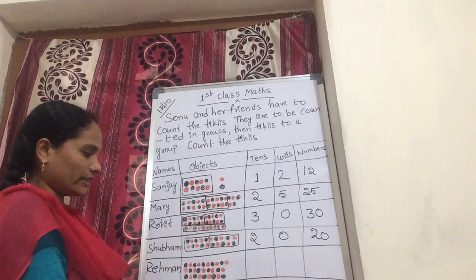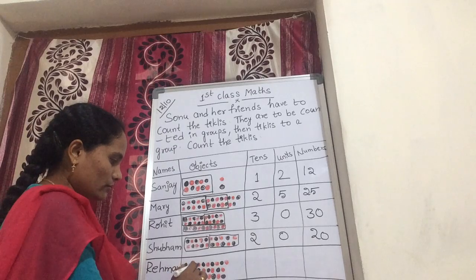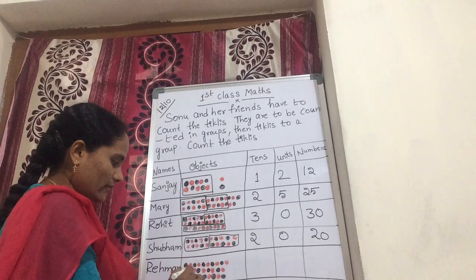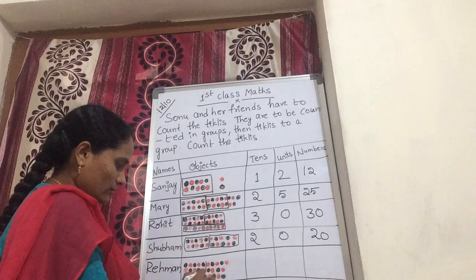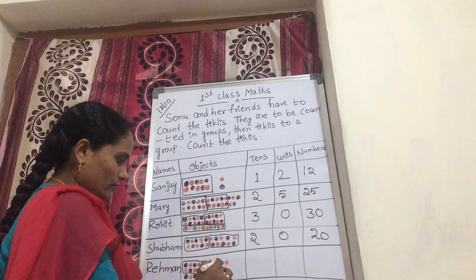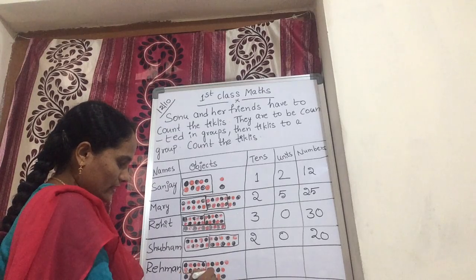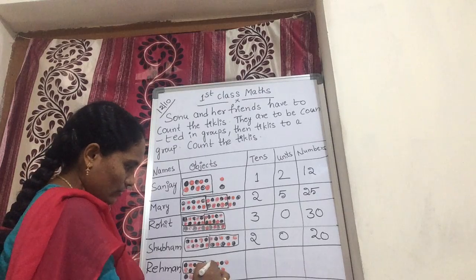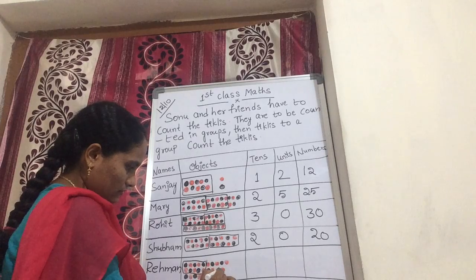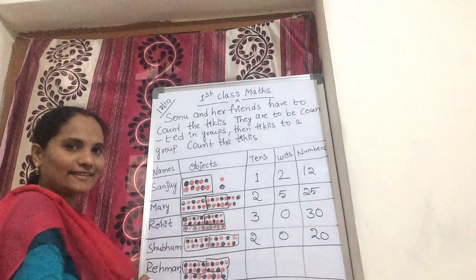Okay, Rahman has how many ticklies? Count that. 1 2 3 4 5 6 7 8 9 10. First 10. Next 1 2 3 4 5 6 7 8 9, and 1 2 3 4 5 6 7 8 9. Like this. Okay children, like this.